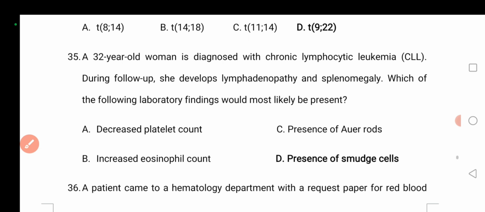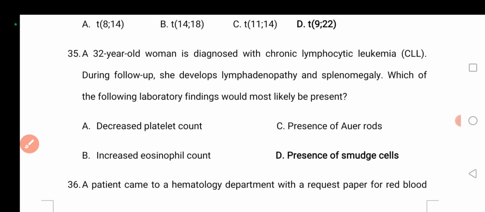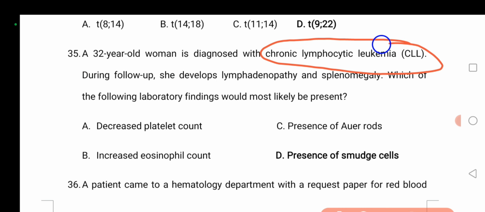The next says a 32-year-old woman diagnosed with chronic lymphocytic leukemia developed lymphadenopathy and splenomegaly upon follow-up, and which of the following is most likely present. As you know, in chronic lymphocytic leukemia there are some distinctive, very common features.